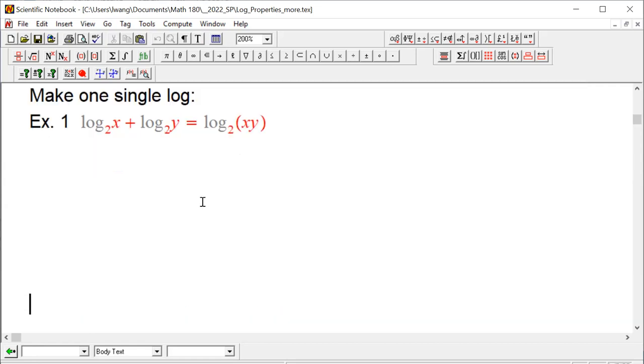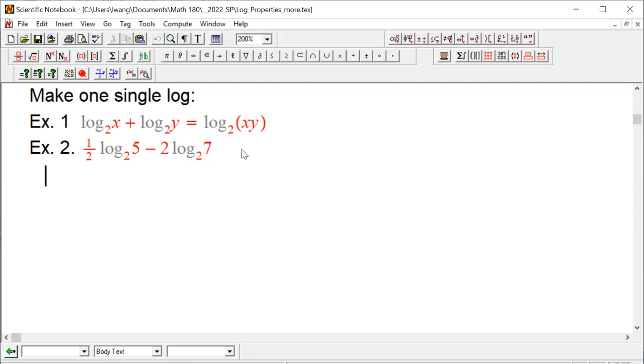Let's do a couple more. And why do we do this? This has a lot of applications, many good uses. Let's take an example. We have a half times log base 2 of 5 minus 2 times log base 2 of 7.